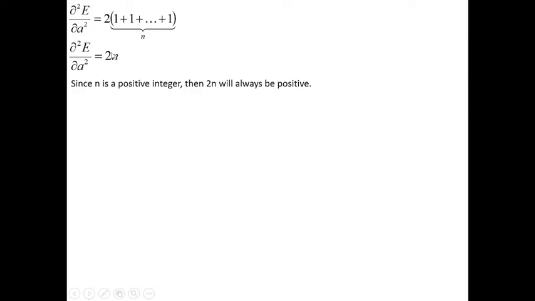Dahil positive, ang n natin ay positive integer. Therefore, 2n will always be positive. So, therefore, the minimum value of e can be obtained, no, by setting delta e over delta a equals to 0. Dahil na-satisfy ito, delta squared e over delta a squared is greater than 0. No?